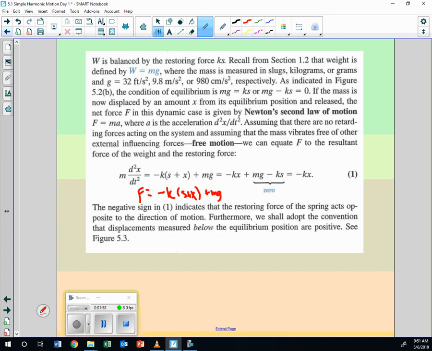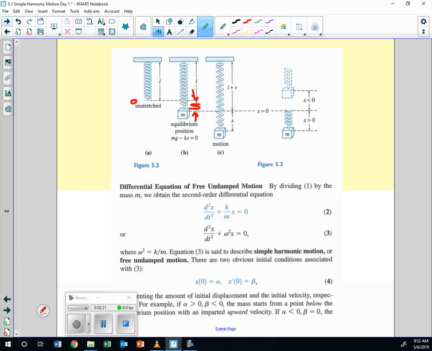Okay? And then what they did is they multiplied this out and they said mg minus ks. We're going to extract that out just to look at the force. This is the part that's the balance part, and we'll take that out. Minus kx is what ma is. So when we're done, you're going to get a formula that's d squared x dt squared equal to minus k over m times x.